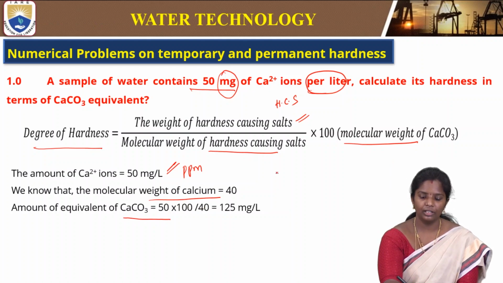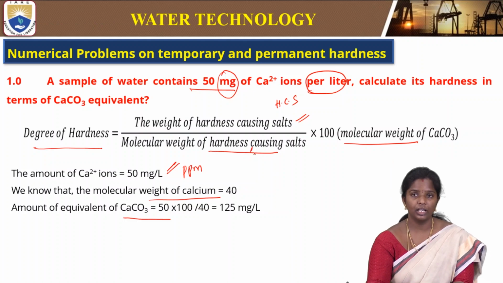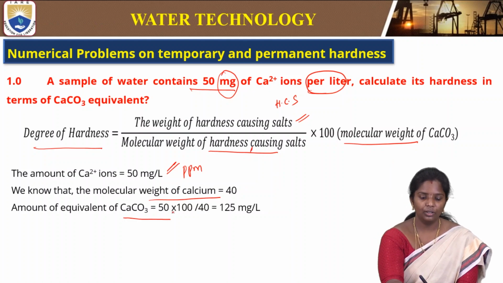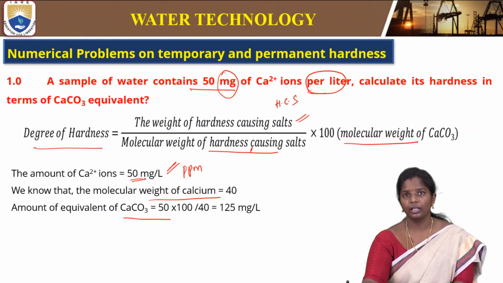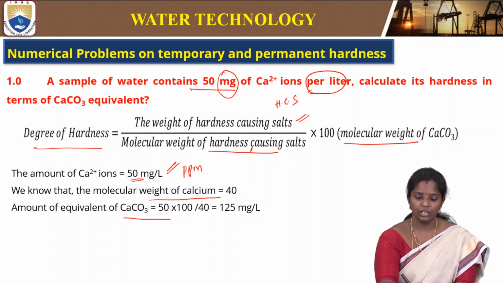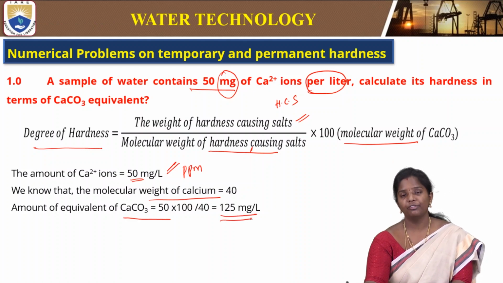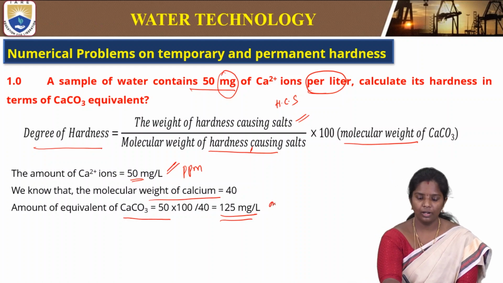So 100 divided by 40, the molecular weight of calcium, into 50, the concentration given in the question, since the water sample contains 50 ppm of calcium 2+ ions. That gives a value of 125 mg per liter or ppm.